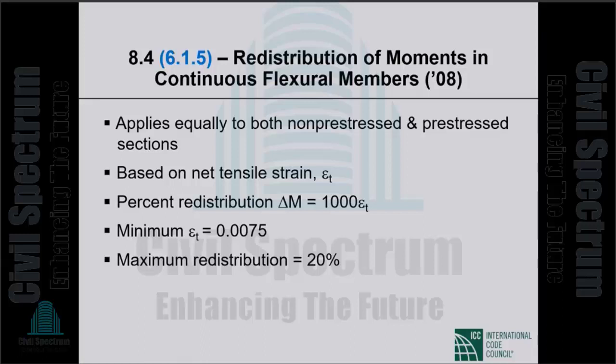Does not matter, reinforced, pre-stressed, the moment redistribution that you are allowed to take is no more than 1000 epsilon sub t. And you cannot take any moment redistribution unless your epsilon sub t is at least 0.0075. Okay, that's what we say here.